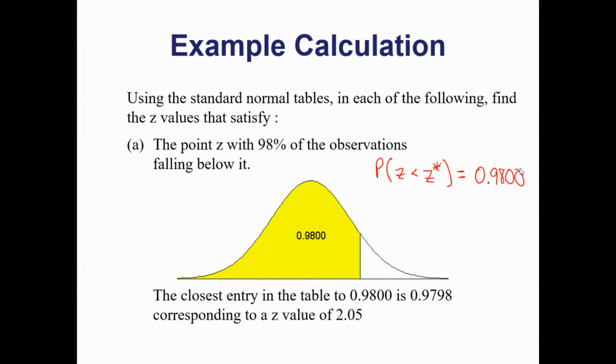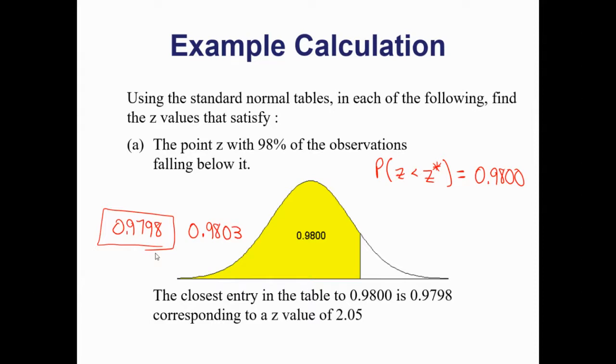I don't have a chart up here, but if you looked in your chart, you would see two values, 0.9798 and, if I'm not mistaken, 0.9803. Which one's closer? 0.9798. That's the one we want to base our answer off of.